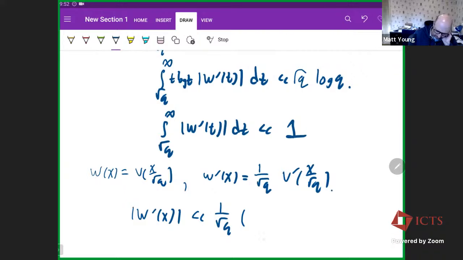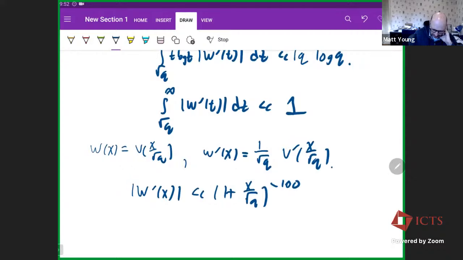So for v prime, I guess we can multiply it through by x. Well, okay, so we have different bounds. This is bounded by 1 plus x over root q to the minus 100.